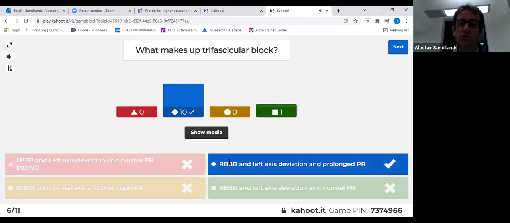So always right bundle, left or right axis deviation, and the prolonged PR interval. Yeah, trifascicular block. 3 things that are going wrong.